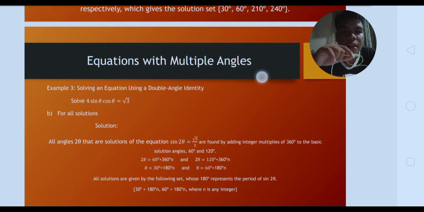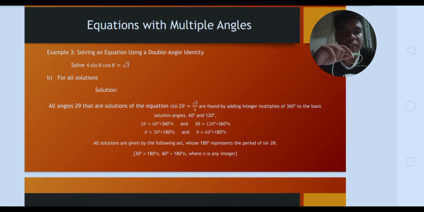Solve sine 2 theta is equal to square root of 3 over 2 for all solutions. Here is the solution. All angles 2 theta that are solutions of the equation sine 2 theta is equal to square root of 3 over 2 are found by adding integer multiples of 360 degrees to the basic solution angles 60 degrees and 120 degrees. 2 theta is equal to 60 degrees plus 360 degrees n, and 2 theta is equal to 120 degrees plus 360 degrees n.